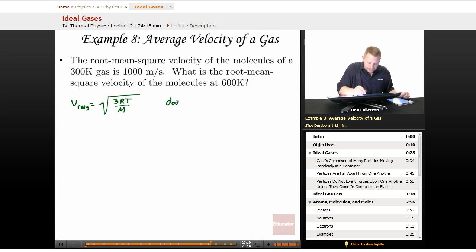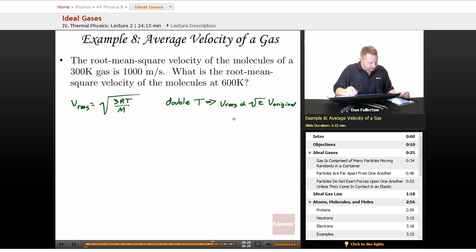Now we're going to double the temperature. And when we double the temperature, it's proportional to the square root of T. So VRMS is proportional to the square root of 2 times the original RMS velocity.